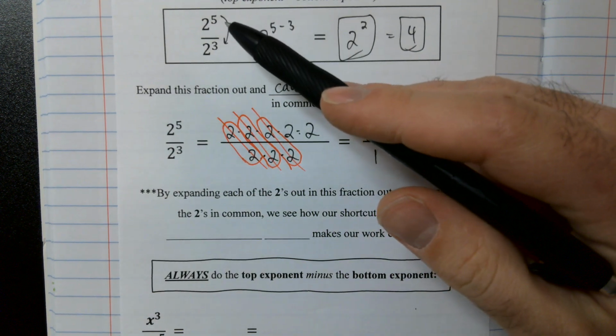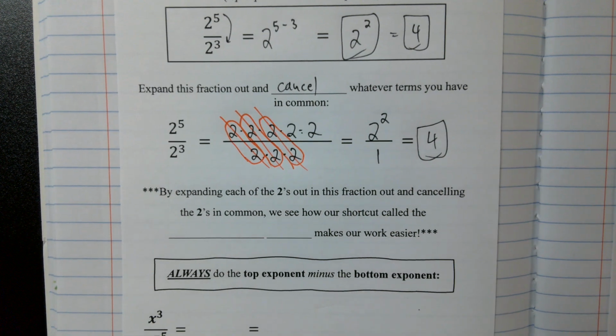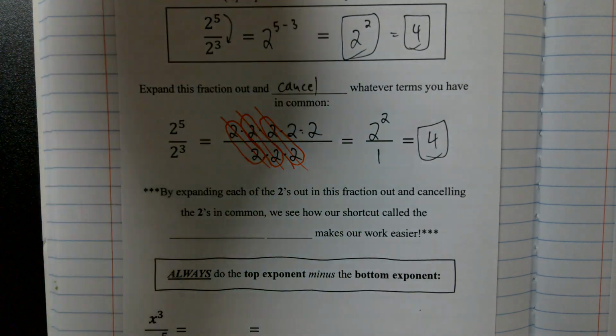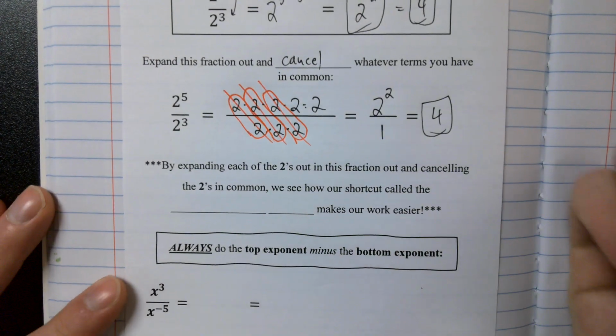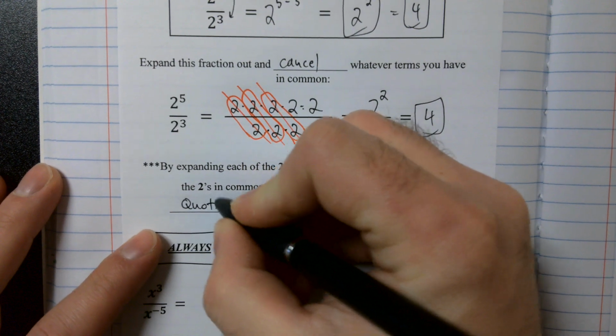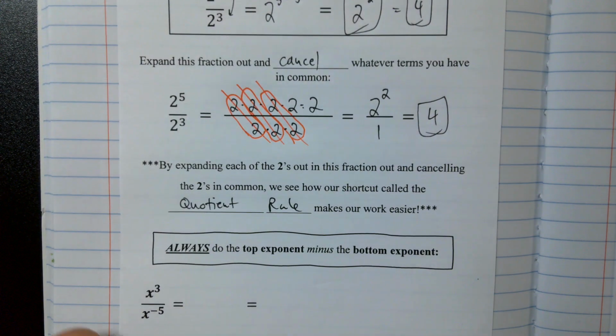You just take the top exponent minus the bottom exponent. So by expanding each of the 2's out in this fraction, canceling the 2's we have in common, we see how our shortcut called the quotient rule makes our work a lot easier.